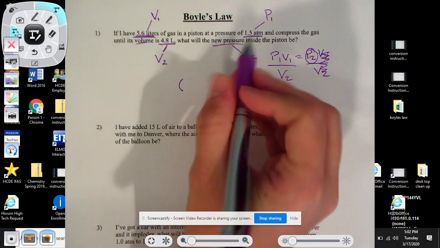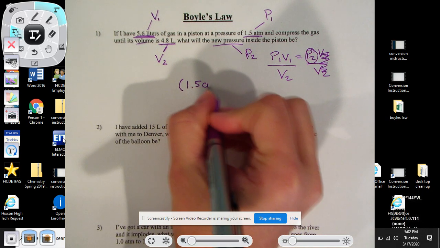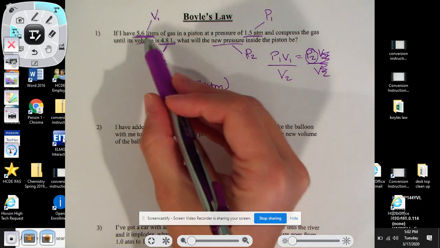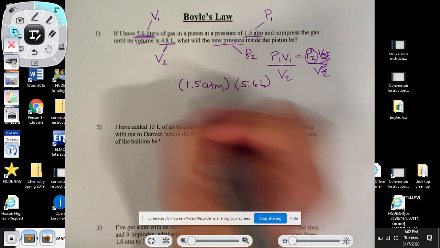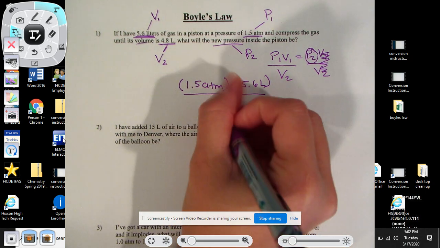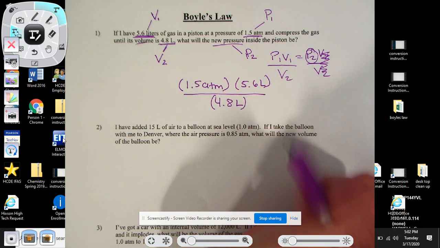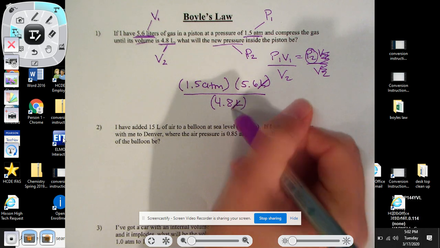All right, so I'm just going to plug numbers in. P1 over here was 1.5 atmospheres, and V1 over here was 5.6 liters, divided by V2, which was 4.8 liters. You notice that you have a liter on top and a liter on bottom, so those can go away.